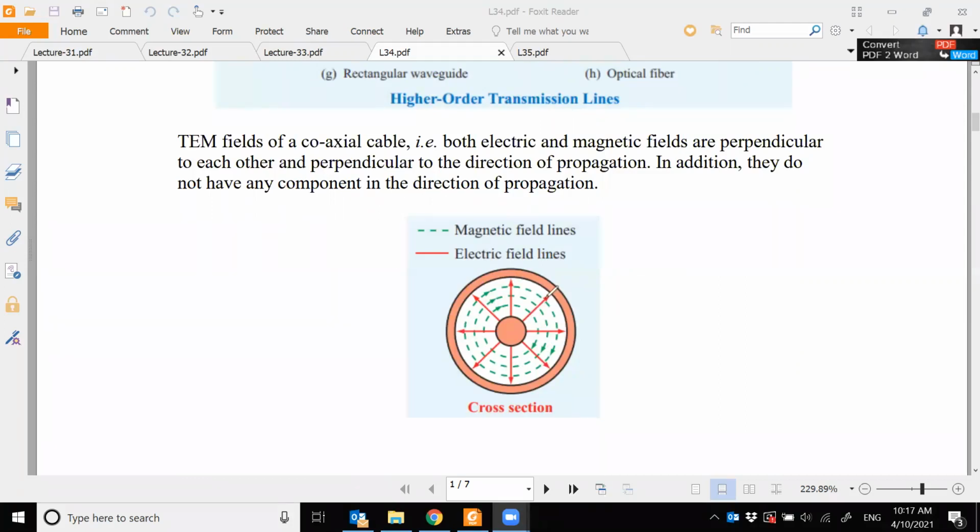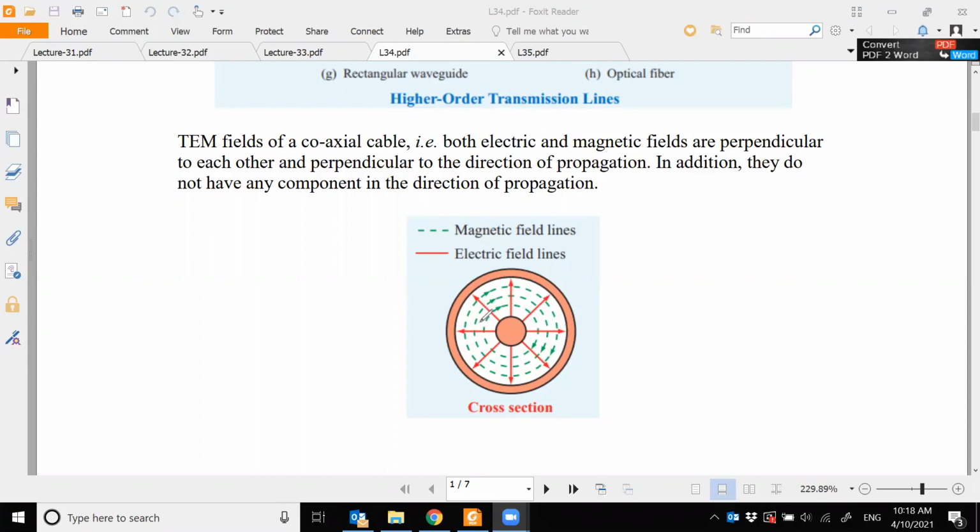And these red arrows are my electric field. This is my electric field direction, right? This is in the rho direction. If this is my Z, which is coming out of the screen, then this is my rho direction. And in magnetostatics, we have seen how the magnetic fields are created. They are created in the A phi direction, the green ones, based on the direction of the current.